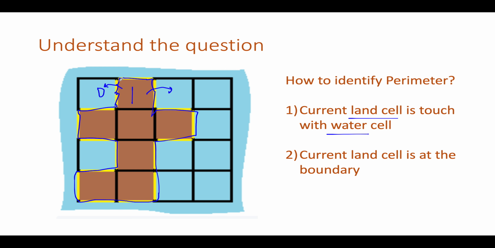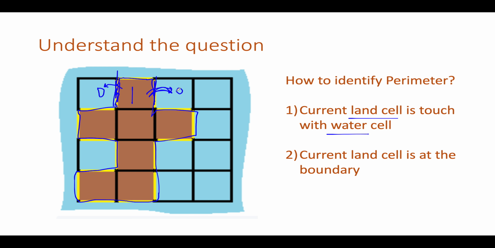So we need to take this boundary into consideration. So we'll add 1 while traversing in the matrix, for this boundary which is in touch with this land cell by virtue of being water.